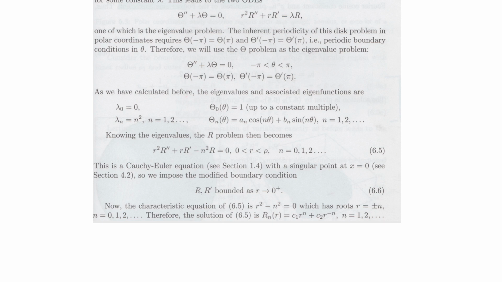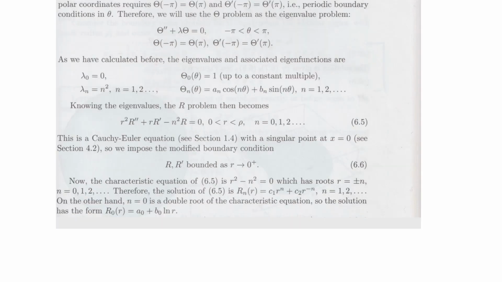Now the characteristic equation for equation 6.5 is easy to see. It's r squared minus n squared equals 0, so that the roots are r equals plus or minus n, and n starts at 0. When n starts at 1, we have a linear combination of r to the n and r to the minus n. And when n equals 0, we have a double root of 0, and the solution is a0 plus b0 log of r.